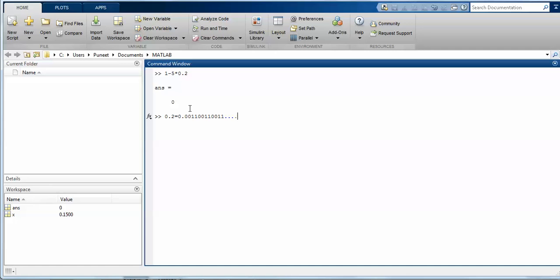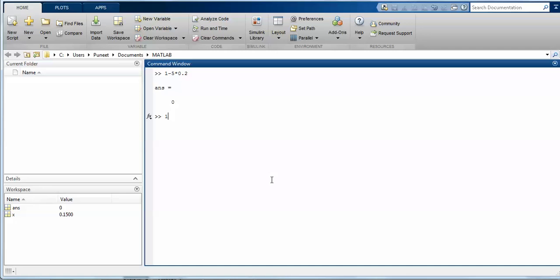This type of binary system is actually being used by MATLAB. So the answer is correct, because you are multiplying the error by 5, and your solution automatically reduces to 0 with some approximation.